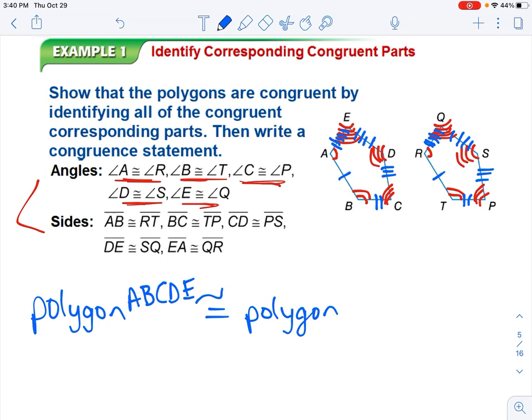And then I need to go that same way again, so R, T, P, S, Q. Notice this is not in alphabetical order. It's not always going to be in alphabetical order. I just followed my tick marks around to name the polygon.